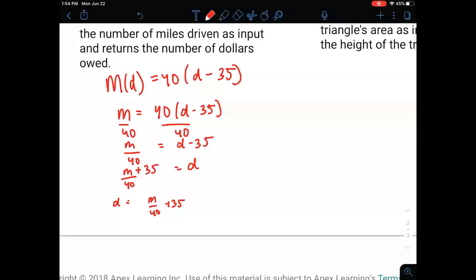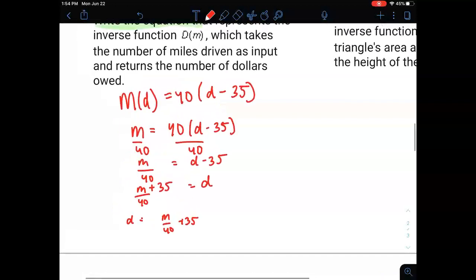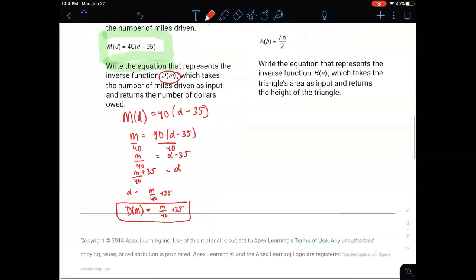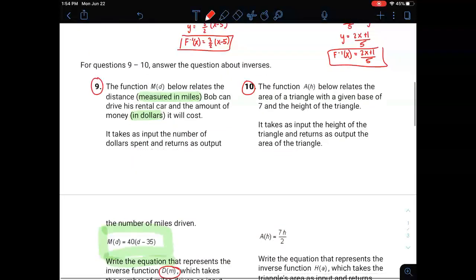Right, and then we are going to change now into the function. If you forgot what the inverse function was called, it was D of m. So capital D of m, which means we are using m to solve for d, m over 40 plus 35. All right, so that's that first one there.